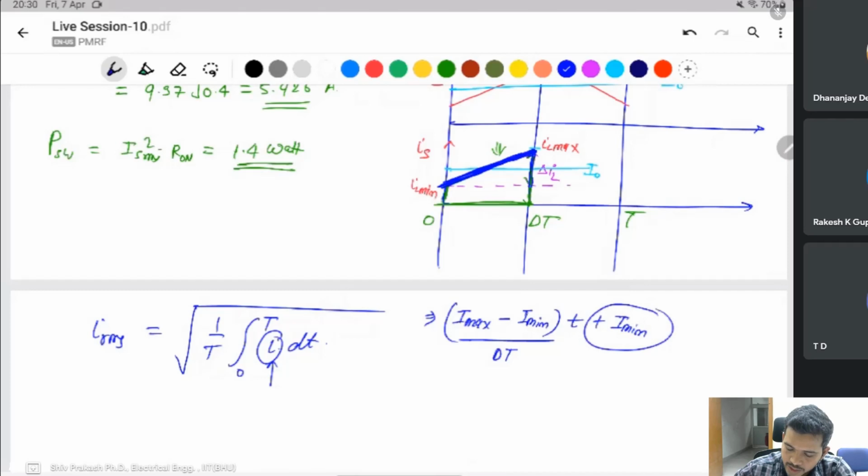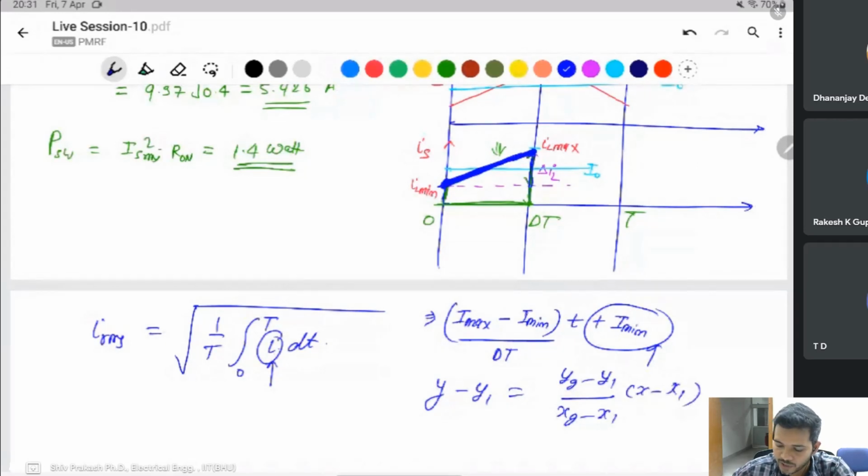This is the initial current. If you take this line only, from 0 to I max, then y minus y1 equals y2 minus y1 divided by x2 minus x1, times x minus x1.